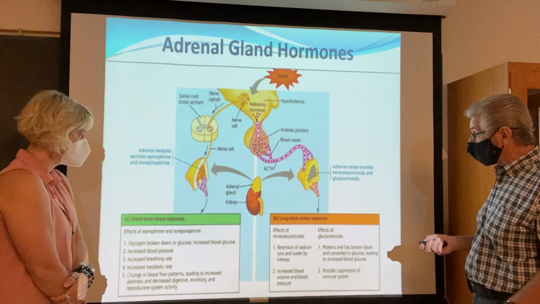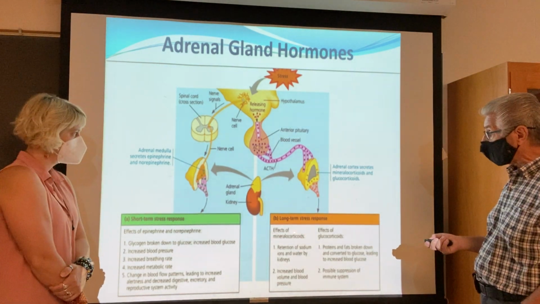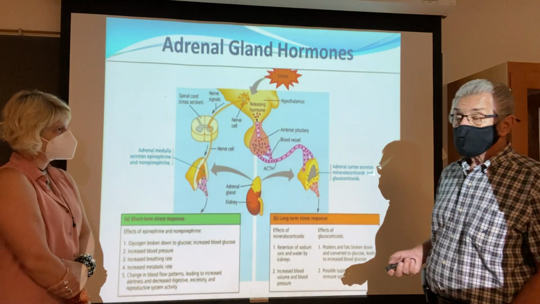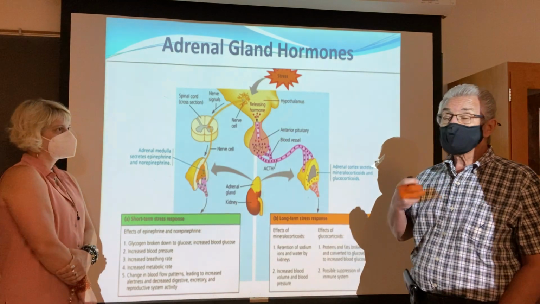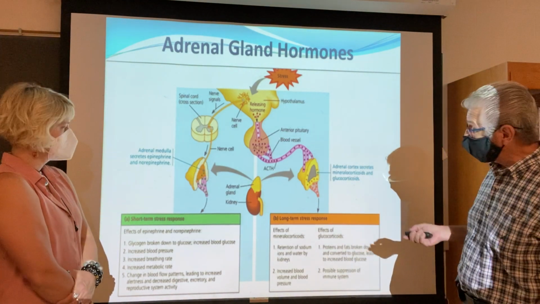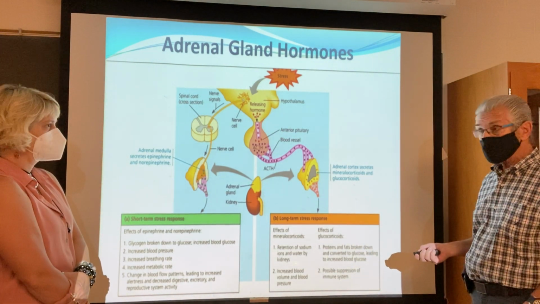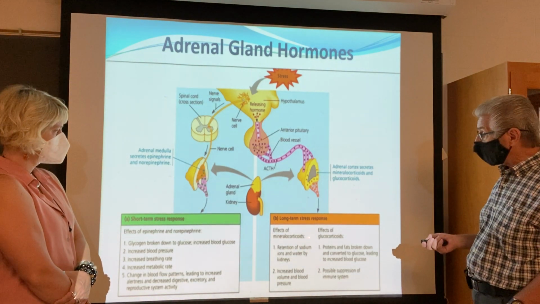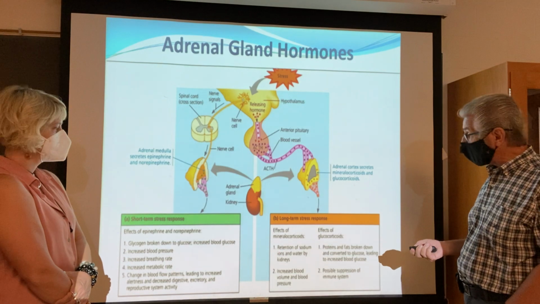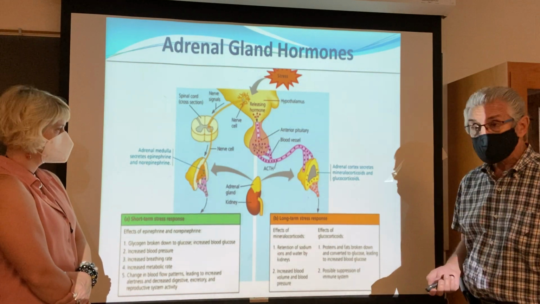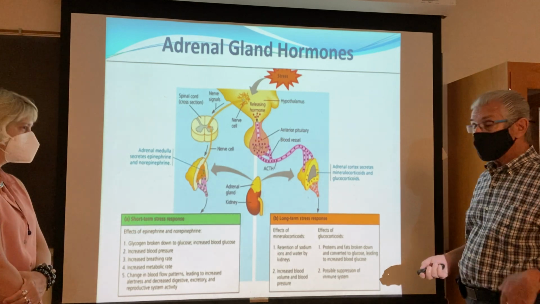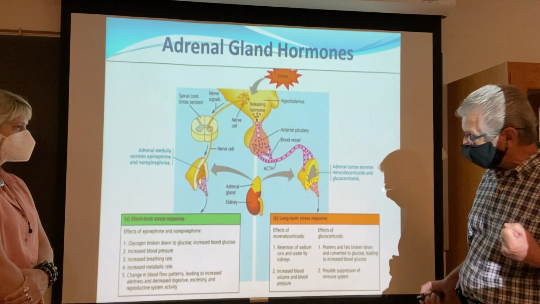And aldosterone, what happens in this particular case is that this particular hormone, when we are dehydrated, becomes very important. When we're under stress, however, the oversecretion of aldosterone causes excess retention of sodium. When you retain sodium, it draws in water.